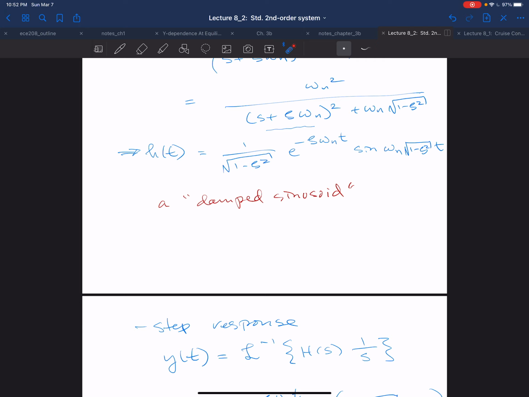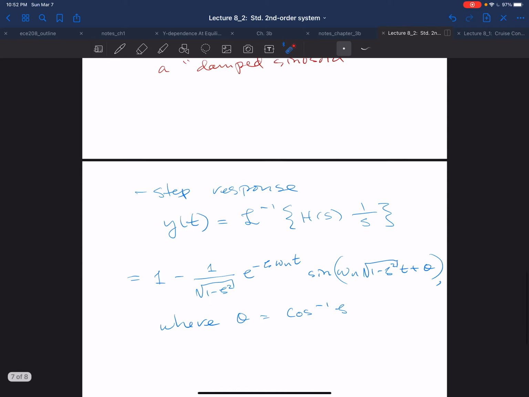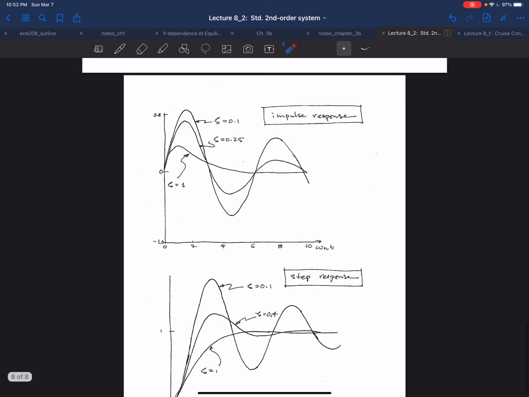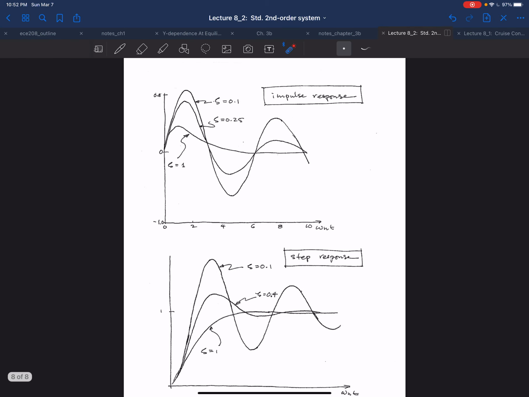So instead of plotting them versus t, we'll plot them as functions of omega n t. And then, of course, we'll get different responses for different values of zeta.